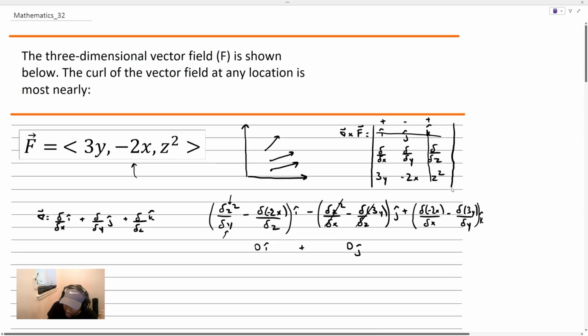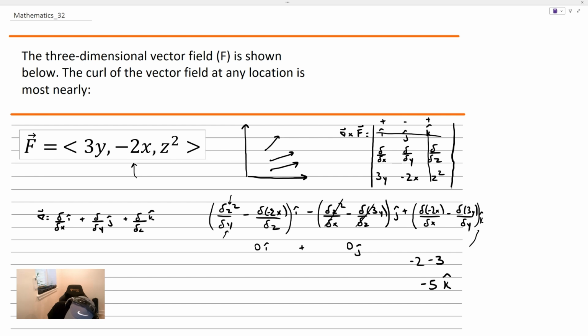If we go ahead and compute what this is, the partial derivative of negative 2x with respect to x using the power rule, what we get is negative 2 for that one. And then we have minus the partial with respect to y of the function 3y, which is going to be 3. So we have negative 2 minus 3. That's going to give us negative 5.